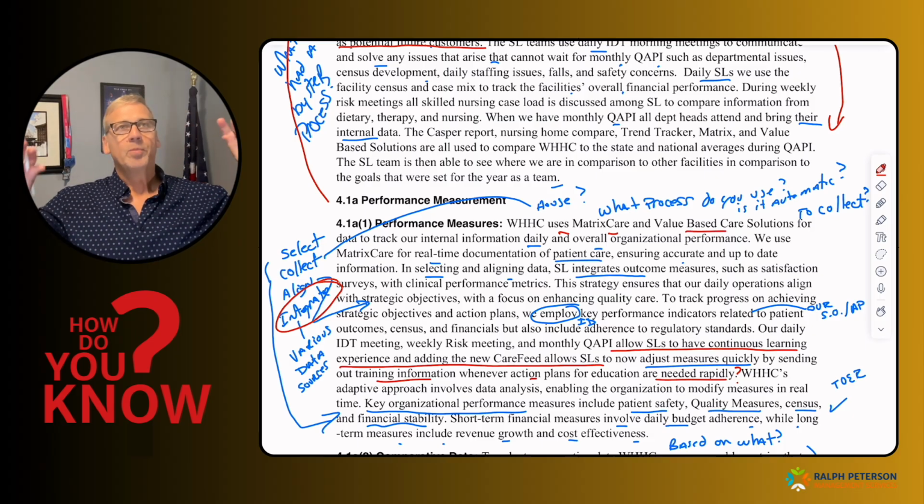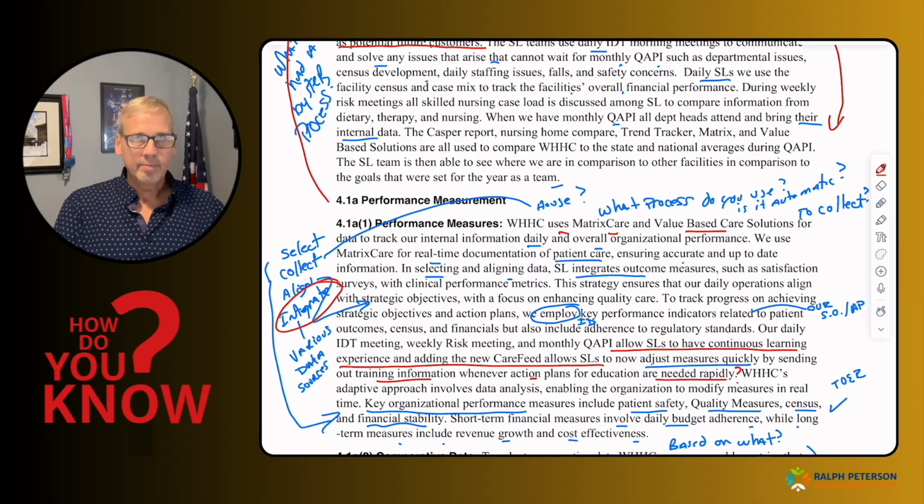Now, a couple of things. Number one, I just want to remind you that not all examiners, especially at the gold level, have any idea what Matrix Care or Value-Based Care Solutions is, right?